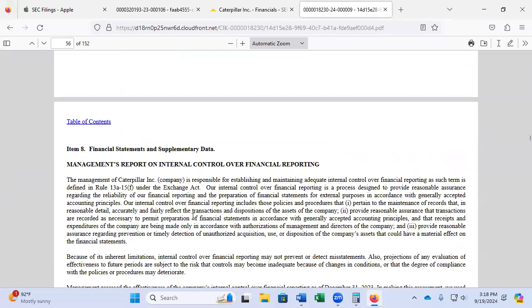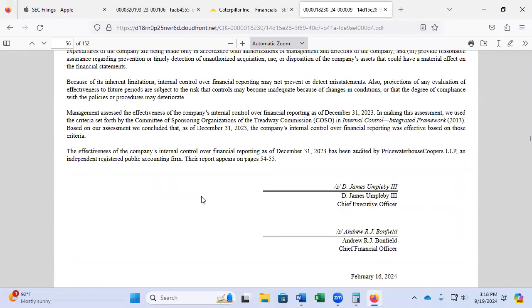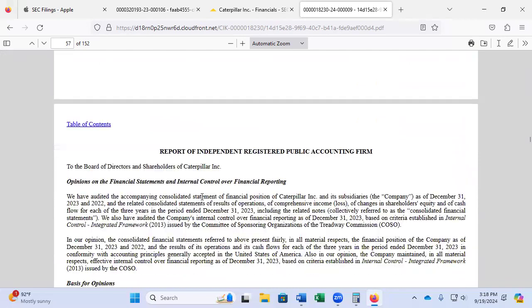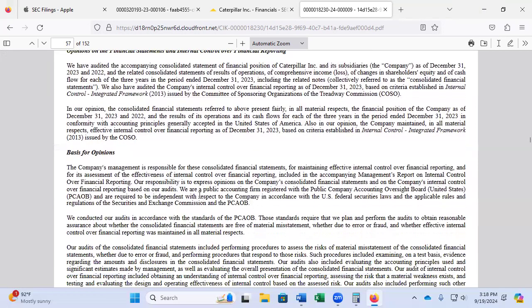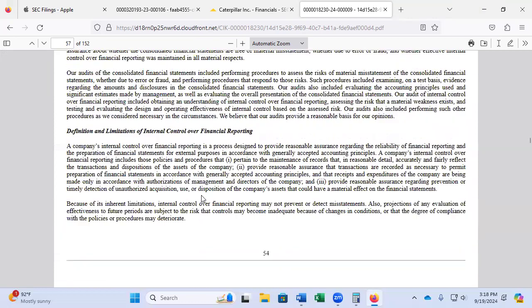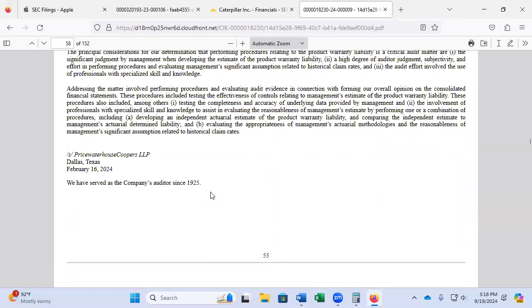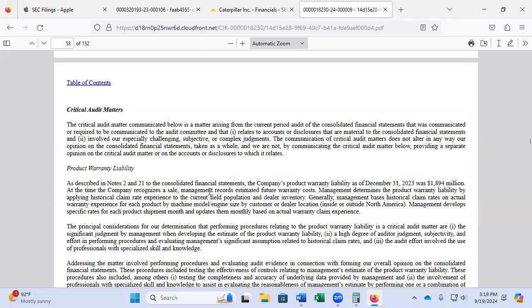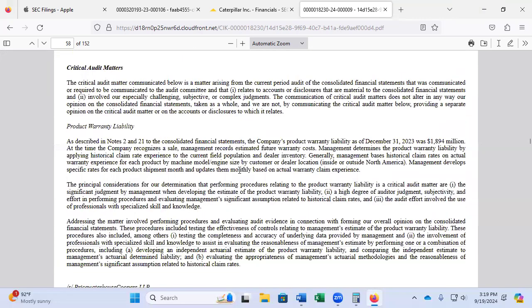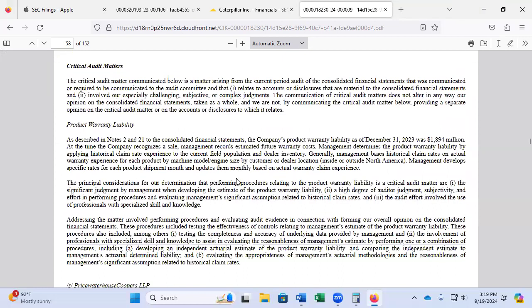By the way, usually whenever you look at the financial statements, they'll start with a management report on internal control, and then the auditors will report on their internal controls, and they'll report on the auditing itself. This one is an interesting opinion because it looks like they had a disagreement with their auditor.